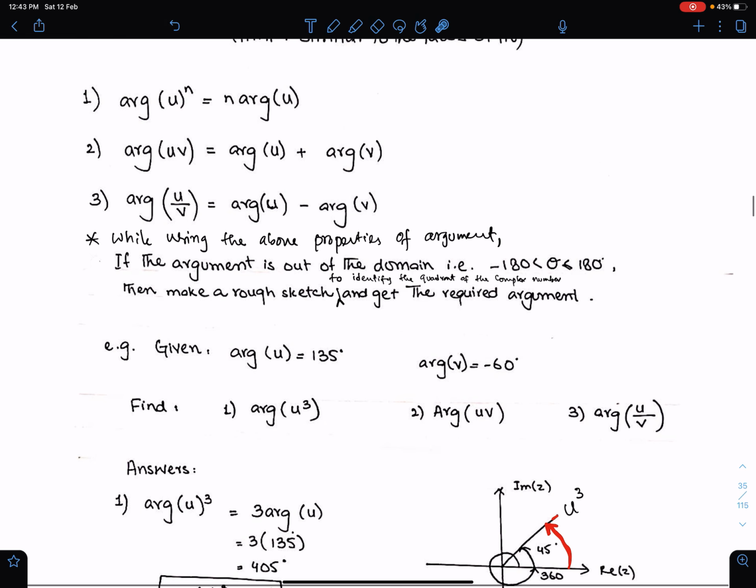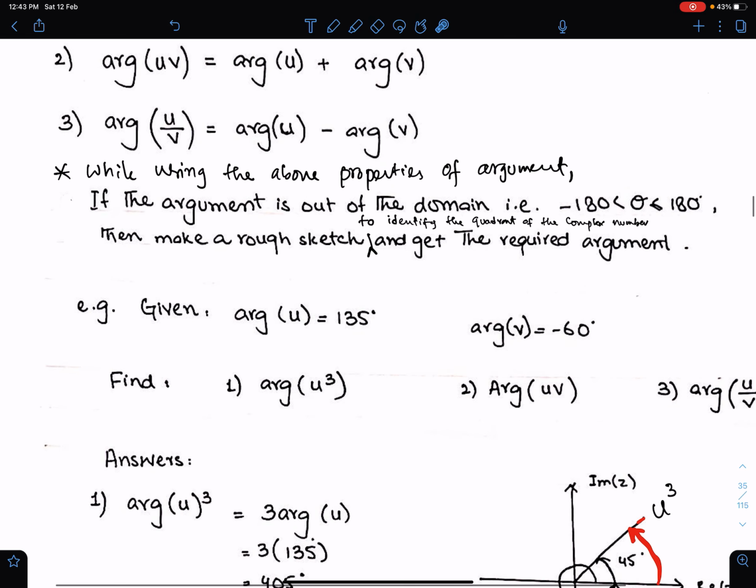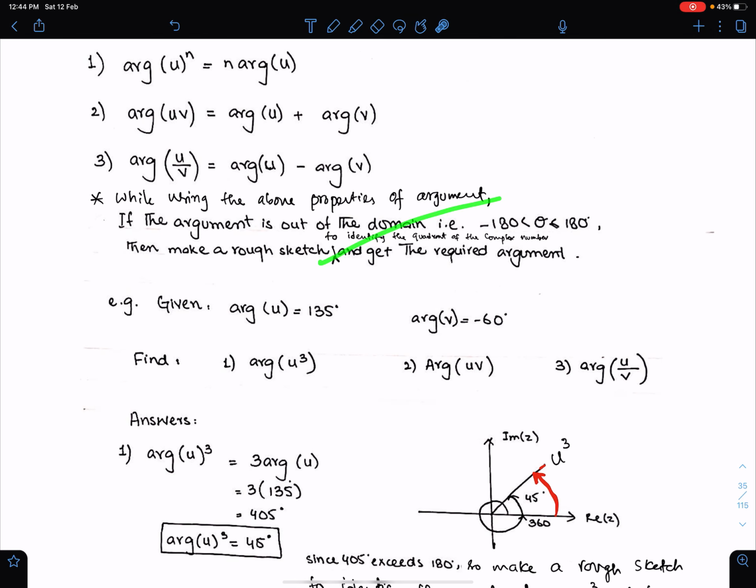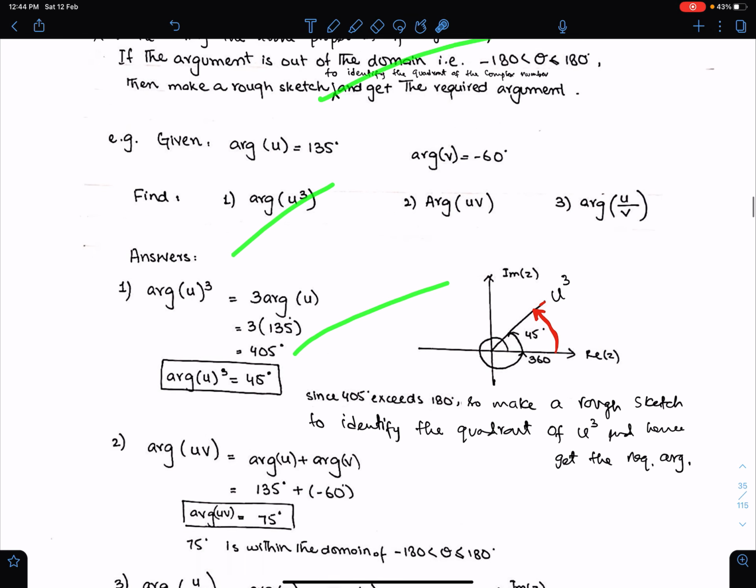This is very important. Let me repeat this. While using these properties of argument, if the argument is outside the domain, then make a rough sketch to identify the quadrant of the complex number and then get the required argument. We can understand this concept through these examples.